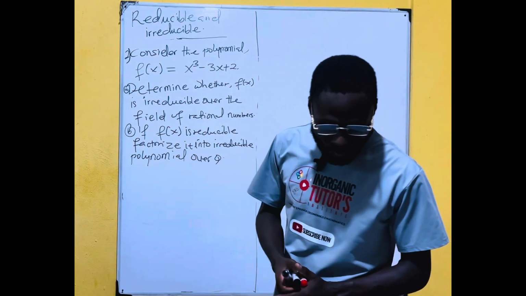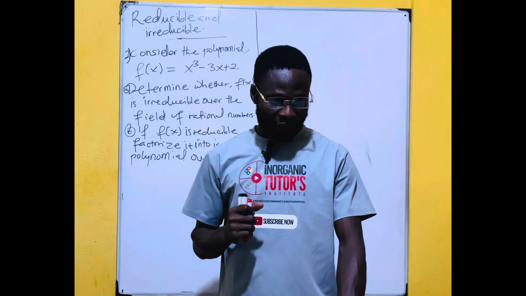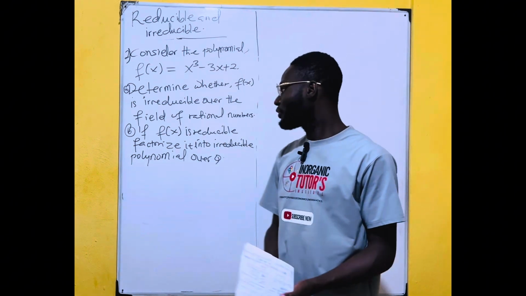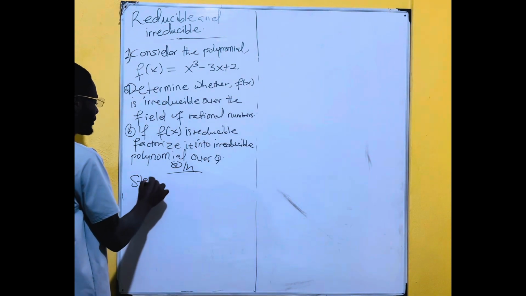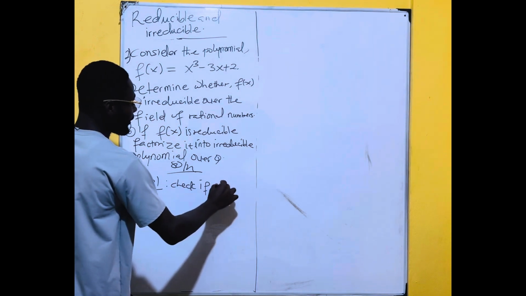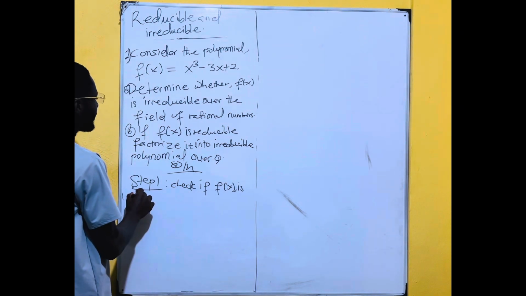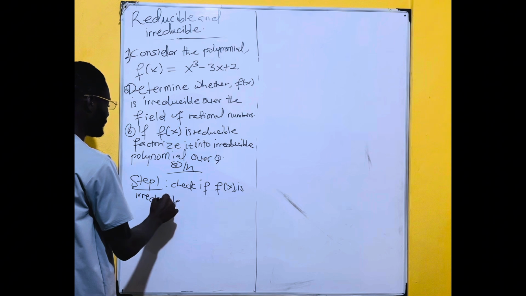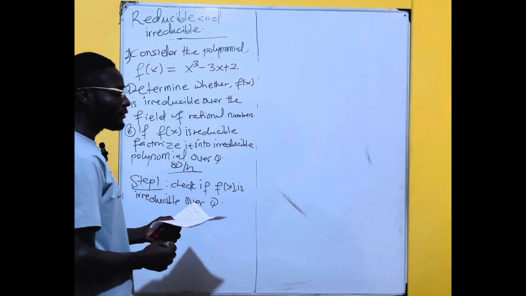So first of all, what we can do is check if f of x is irreducible over Q. Step 1, we have to check if f of x is irreducible over the rationals, which is Q.